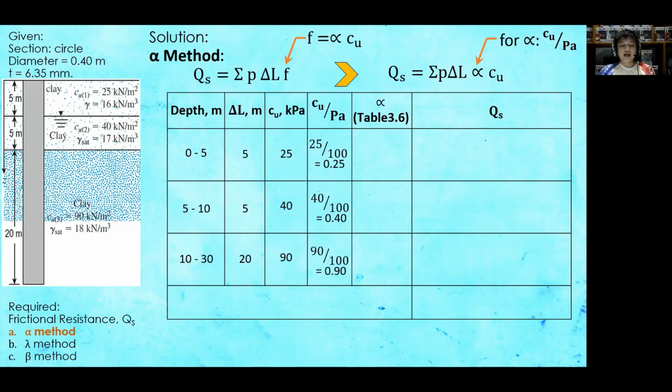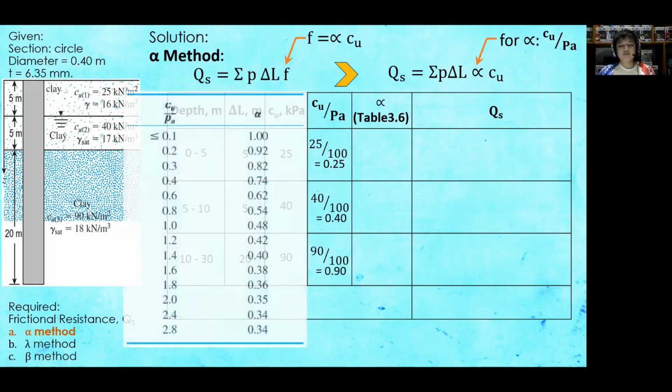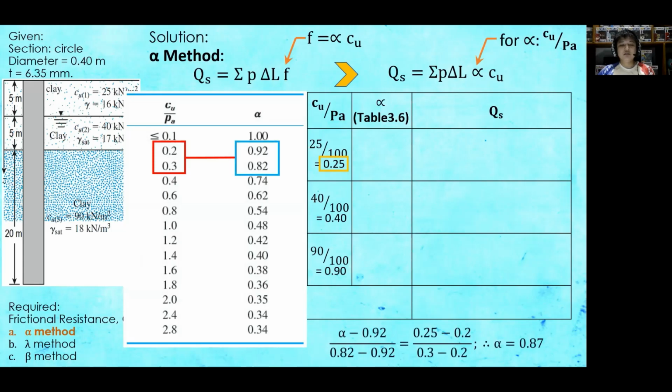Next will be to assign values of alpha using table 3.6. If the reference data is not available, then apply interpolation. So for ratio equal to 0.25, the value is in between 0.2 and 0.3. Thus, apply interpolation.